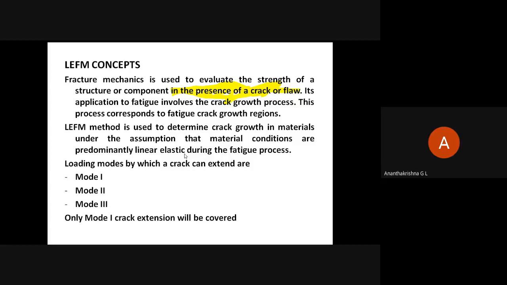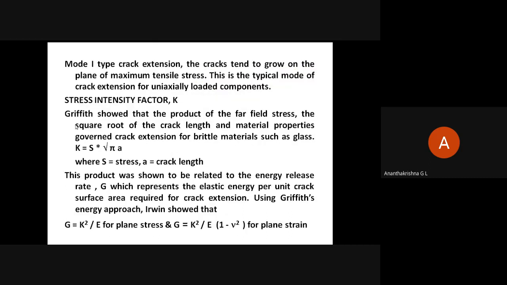Excellent. It states that stress is proportional to strain within elastic limits. Then the loading modes for a crack are modes 1, 2, and 3, and only mode 1 will be covered as it is extensively used. In mode 1 crack extension, cracks tend to grow on the plane of maximum tensile stress. This is the typical mode of crack extension for a uniaxially loaded component.